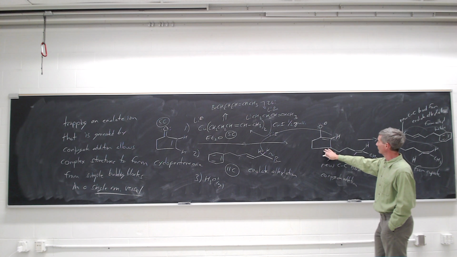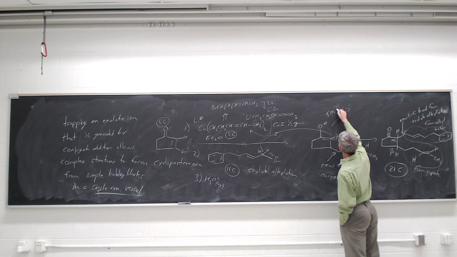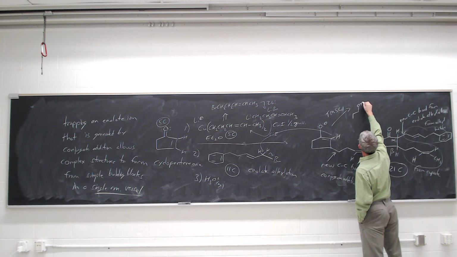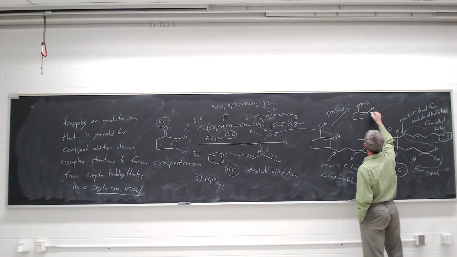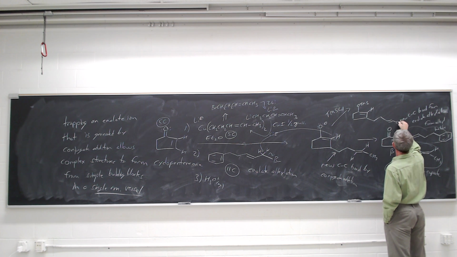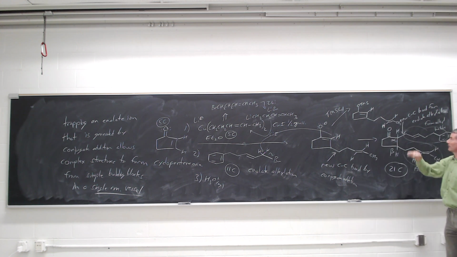It would also be possible to trap this enolate by adding silyl chloride to make a silyl ether, and then do other reactions elsewhere in the molecule before regenerating the enolate with methyl lithium and trapping the enolate later.